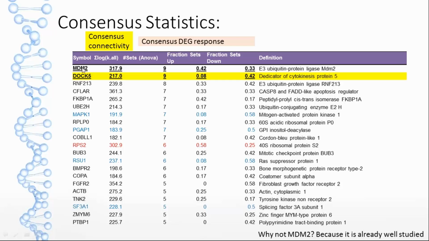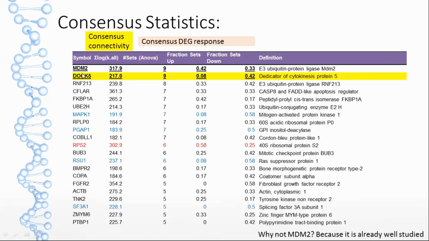And what shows up is MDM2 as the highest rank based on the consensus or cumulative connectivity, which is this E3 ubiquitin protein ligase. But we decided not to study MDM2, particularly because many other studies have already been done.